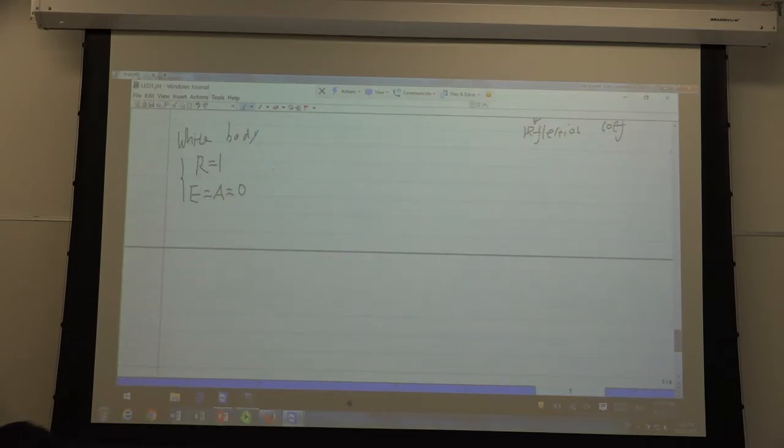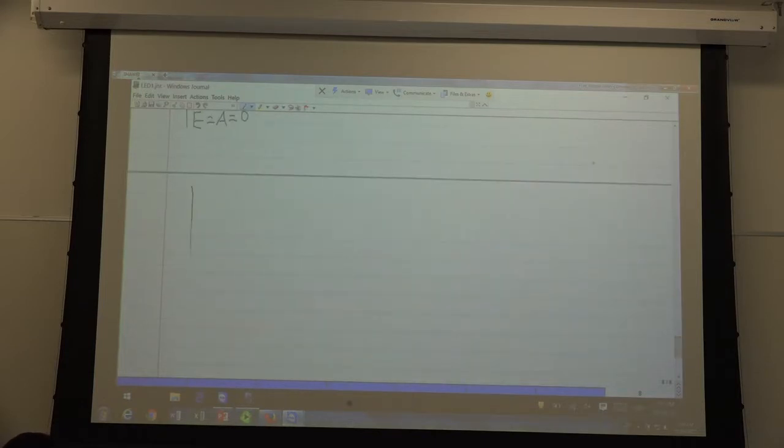Another concept is the black body radiation spectrum: the emission intensity per unit volume, per unit frequency.